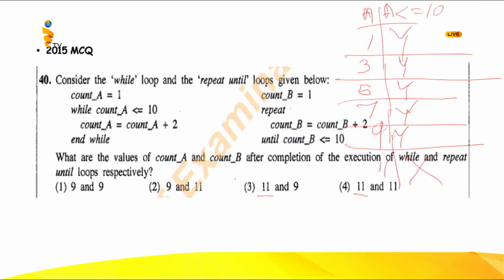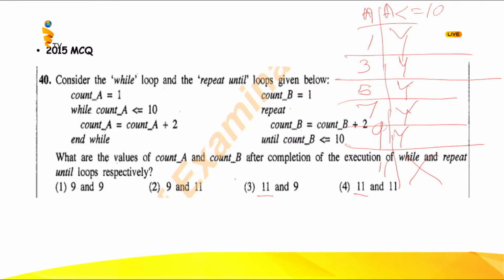In the until loop, we are doing the repetition until the condition is true; if the condition is false, we will do it again and again. Now here what happens? Initially, count B value is 1 and it is less than or equal to 10. So our condition evaluates to yes. So here we have to stop.